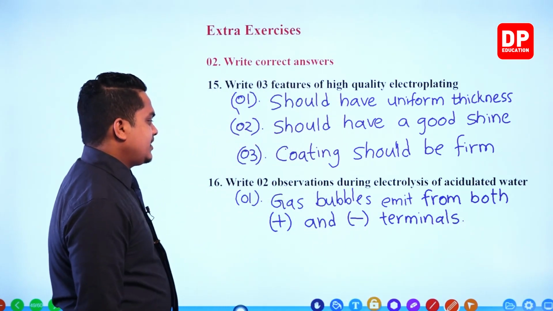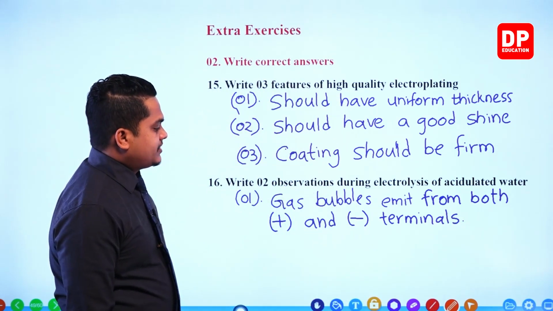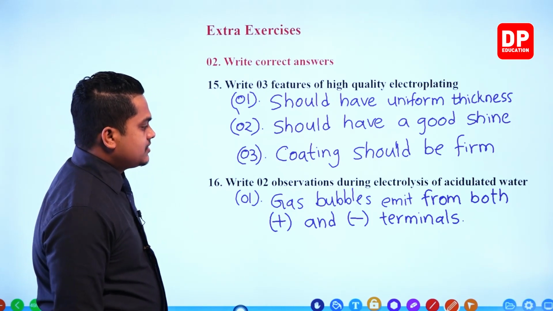This is the first observation. Gas bubbles emit from both positive and negative terminals.